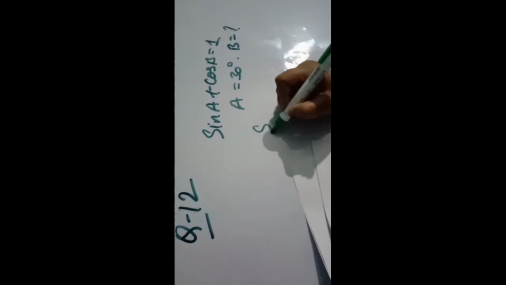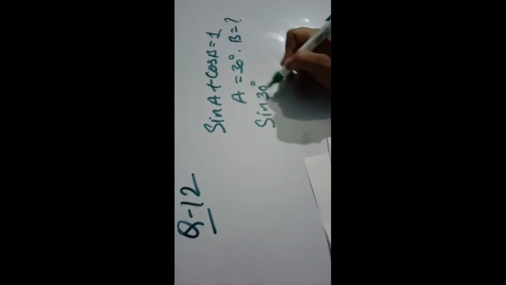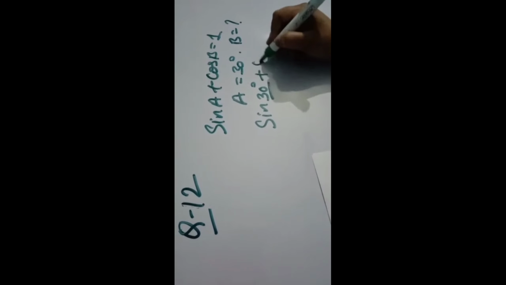Now see question number 12. Sin A plus cos B is given equal to 1. A is given 30 degree and B is an acute angle and you have to find B. So very simple, for A you will put 30, you will get sin 30 plus cos B equal to 1.